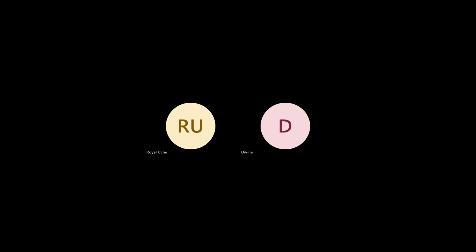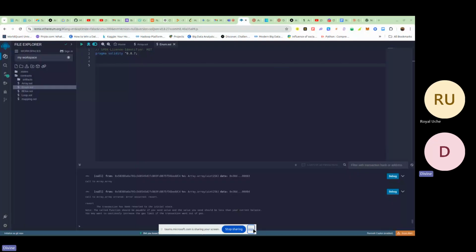Can you hear me? Yeah, I can hear you now. I don't know what's wrong. It's my network. You can still hear me, right? Yeah, I can hear you. Okay, so let me share my screen again. Can you see my screen? Yes, I can see your screen.